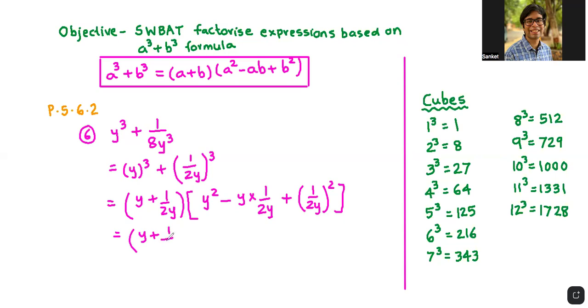Y plus 1 upon 2y, y square minus this y cuts with this y. So I get minus 1 upon 2 plus 1 upon 4y square. I hope this is clear.